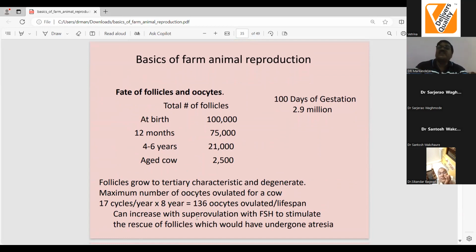That stage is rarely seen by farmer breeders. But we are lucky enough that there are animal owners who have 21 lactations from cows, 19 lactations from buffaloes, and let us salute such animal owners, because they are not putting their animals up for culling. I will not say killing, culling at least.